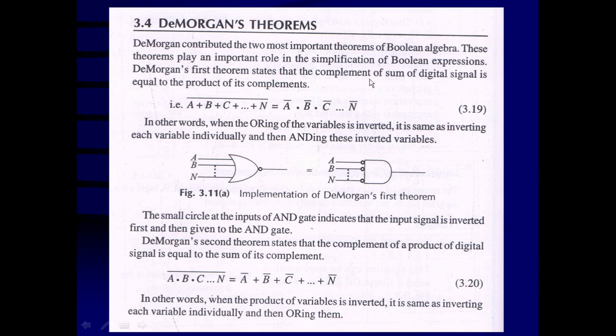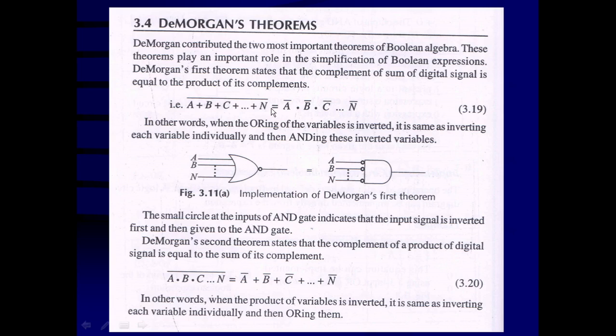The digital signals contain n variables. Variables may be A, B, C, etc. We are taking the sum of these variables, A or B or C or D, etc., or N. And if this summation is complemented, that is called the complement of the sum of the digital signals.